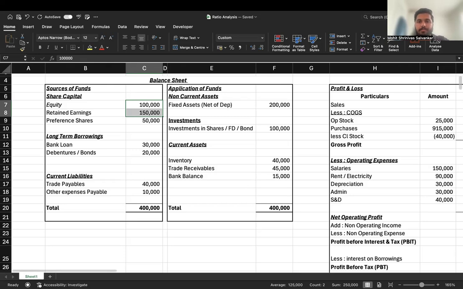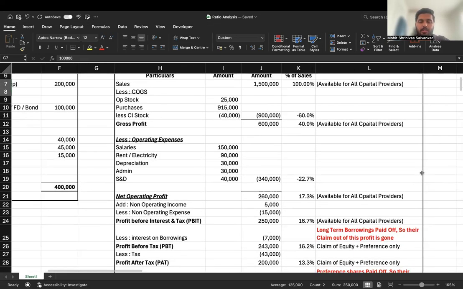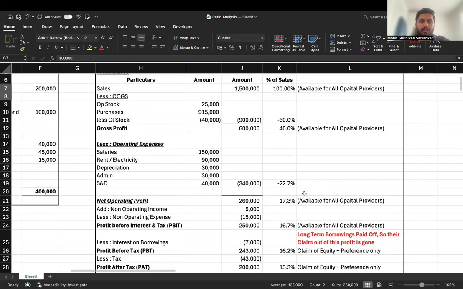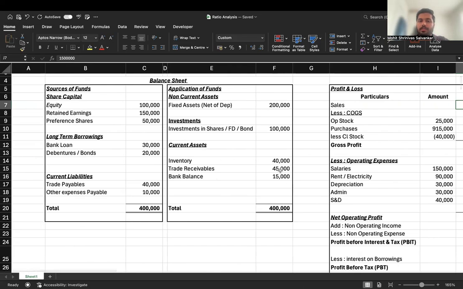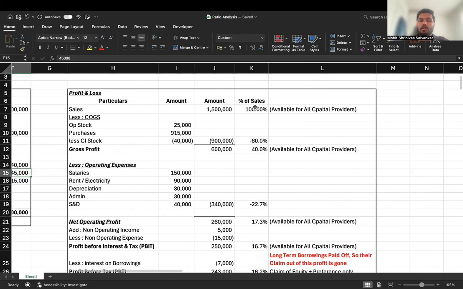Let's say here, okay, in the accounting profit, you see this is the profit because this is the sale and this is the purchase. But if you get into the detail, you will see that not all of this amount is realized, as in paid by the debtors to us, right? There are debtors standing here for 45,000.